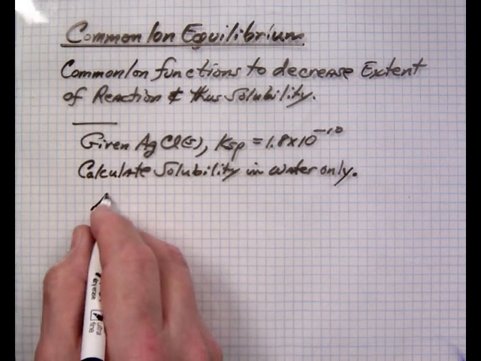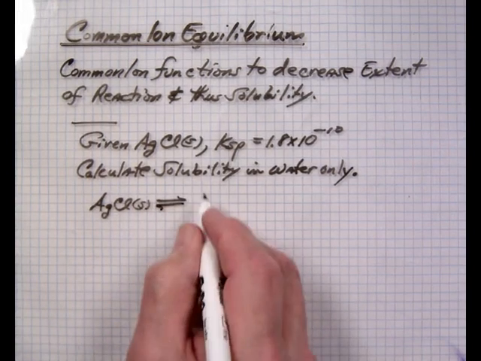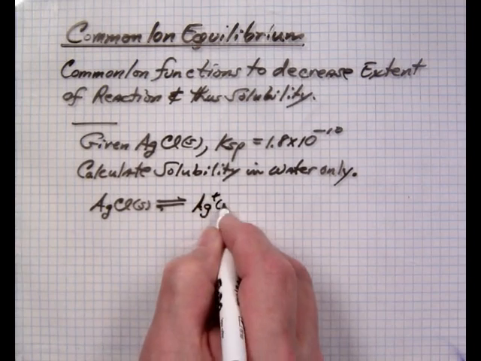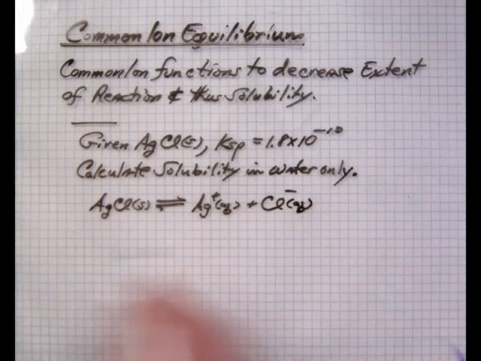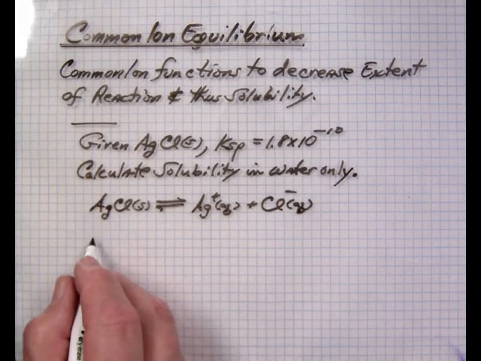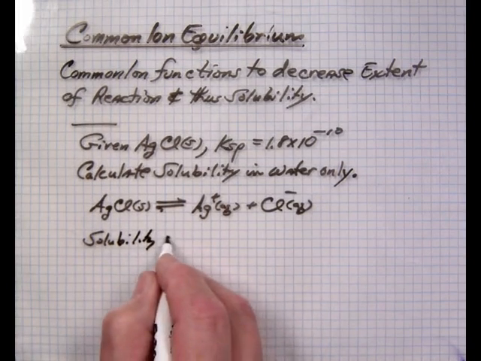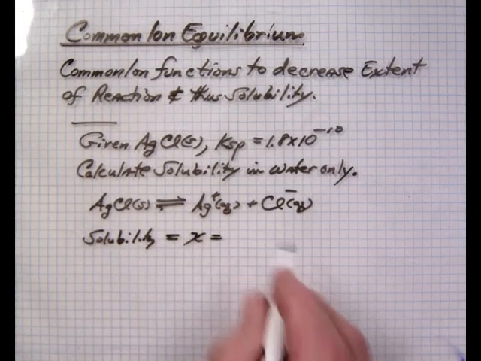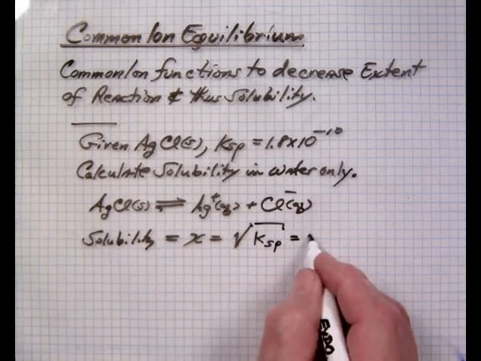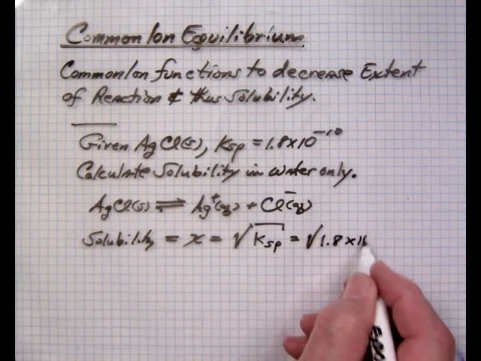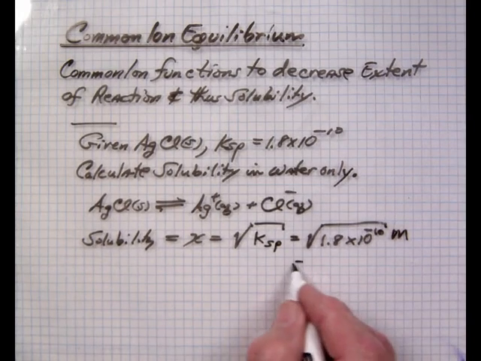The ionization of silver chloride is 1 to 1, and therefore the solubility is given by x equal the square root of KSP, or the square root of 1.8 times 10 to the minus 10 molar.